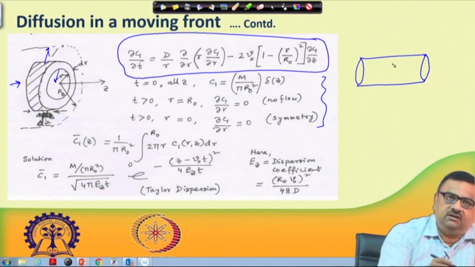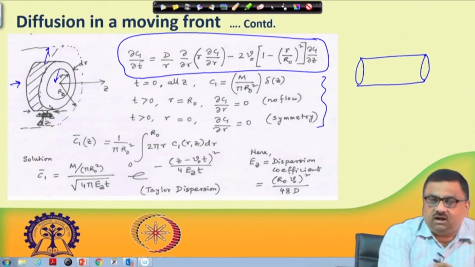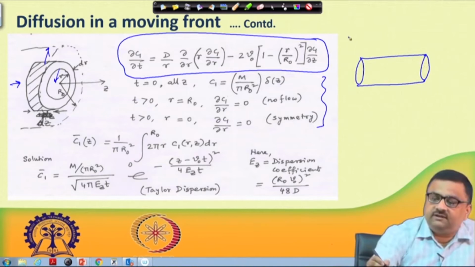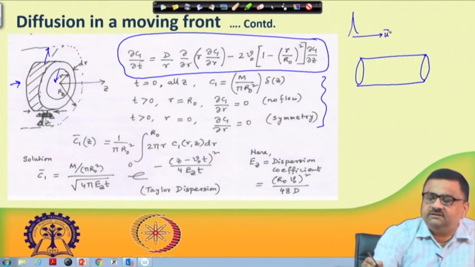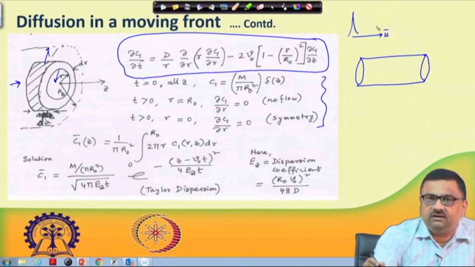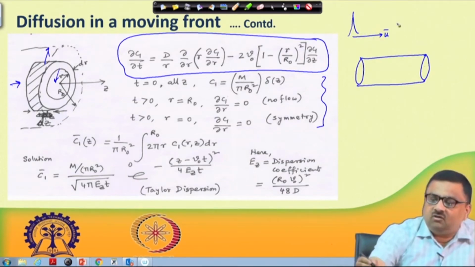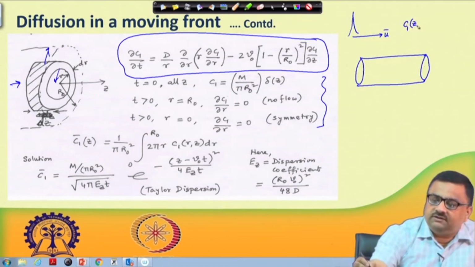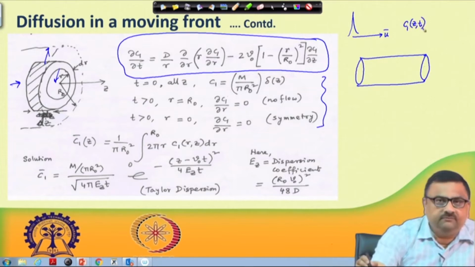See, earlier we did not have a concentration profile with respect to r, mind it. When you have a static system just simply traveling at an average velocity u bar, with no non-uniform velocity profile, that means the front is all uniform. So it is more like a plug flow. At that time concentration was only a function of position and time.